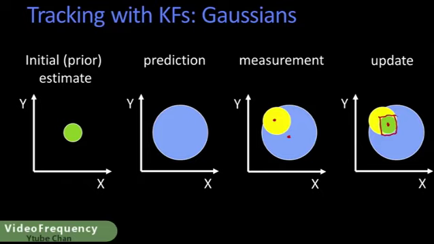This might seem a little weird when you look just at the covariance of the measurement and the covariance of the prediction, because they're both pretty big. And you might ask, how is it that the covariance goes down even tighter than the measurement? And again, the answer is information can only reduce your uncertainty.